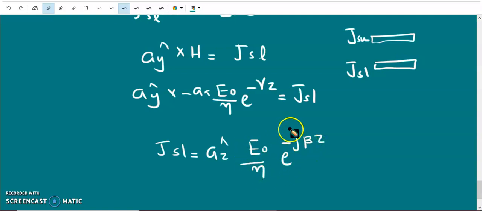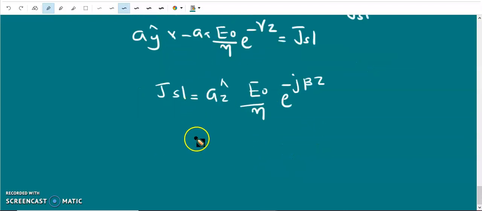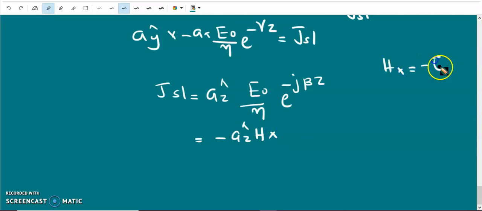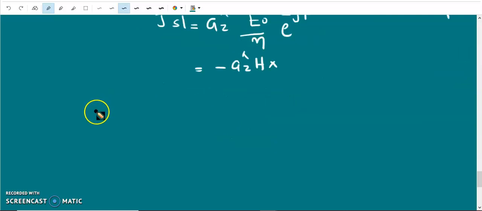So minus E0 by eta e to the power gamma z is Hx. So this is minus az cap Hx, where Hx is equal to minus E0 by eta e to the power minus gamma z. Okay. Similarly, we can write the boundary condition for the upper conducting plate, y equal to d.